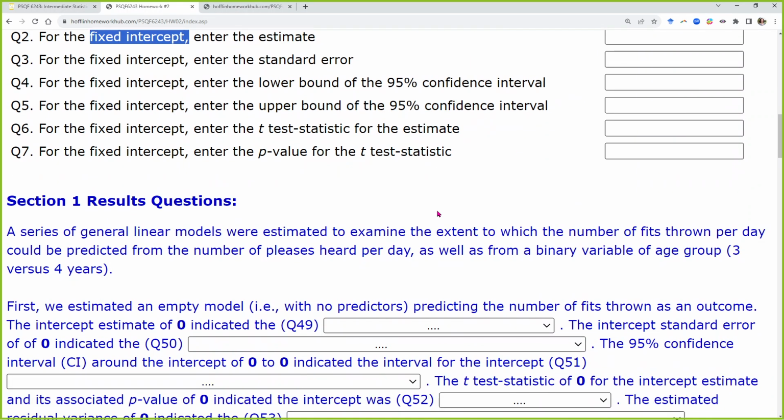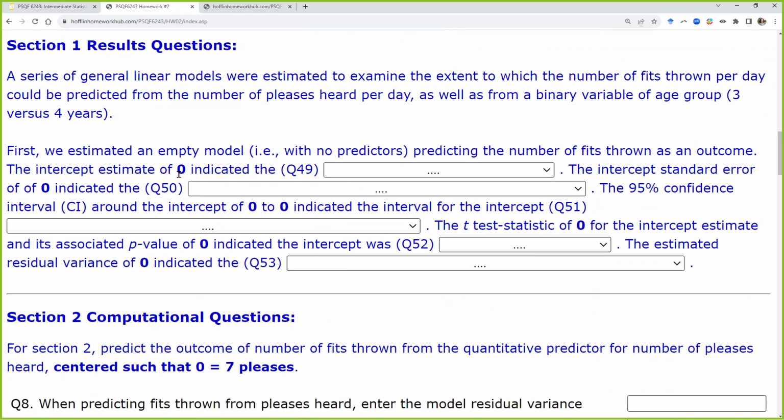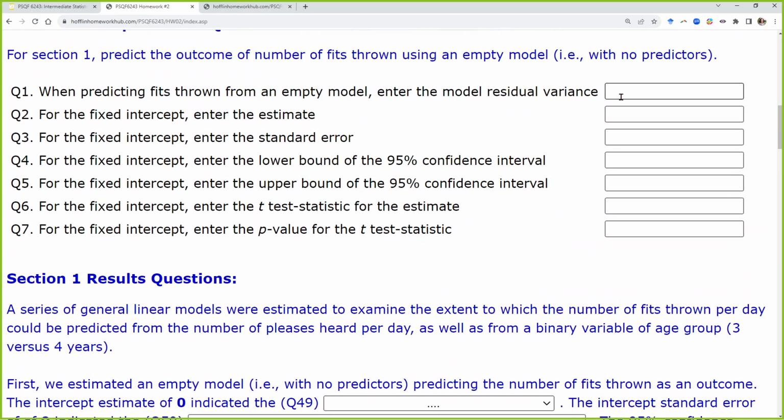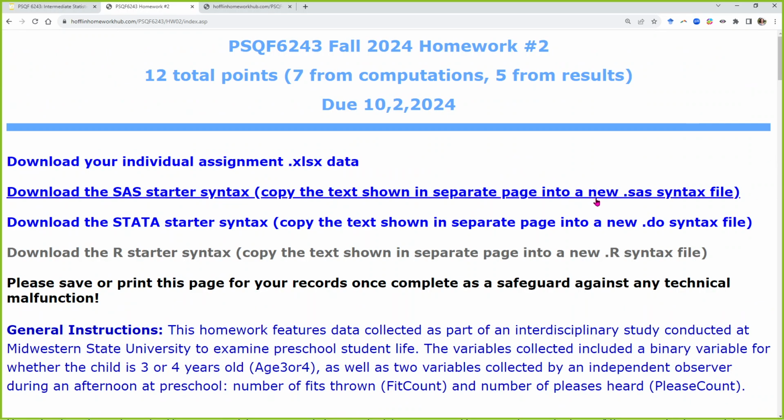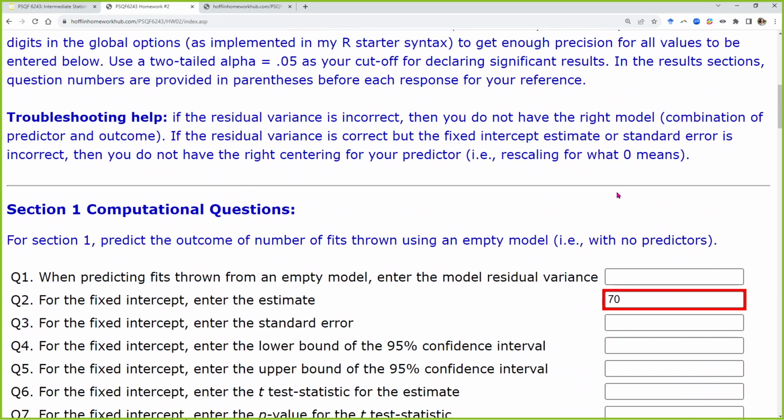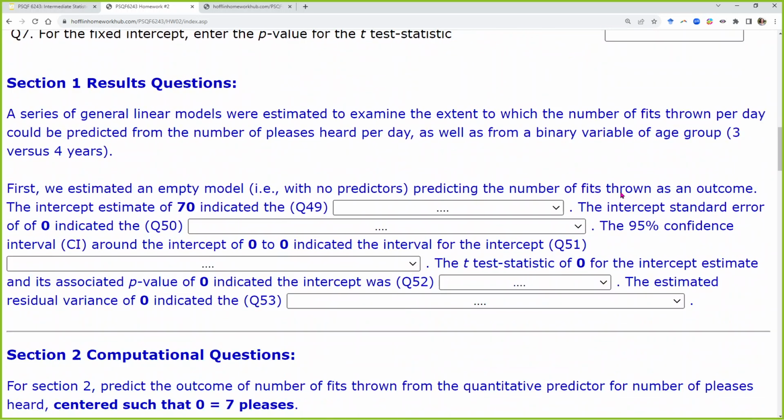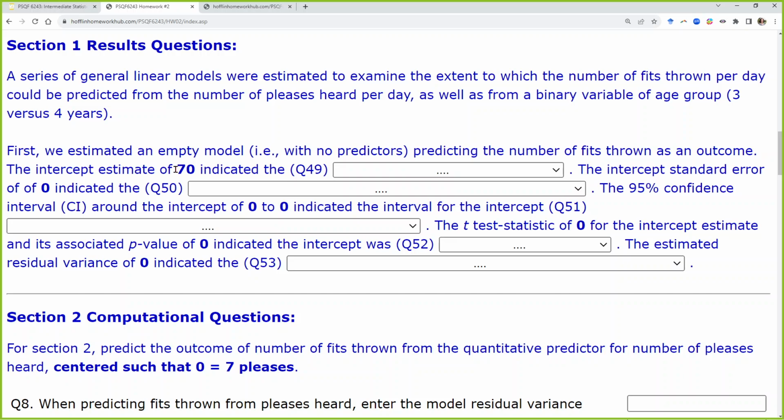Now also note that I have bold 0 values here that show up. These are tied to the current status of your row in the database. So for instance, if I get the fixed intercept in here, I'll put a 70 in. I know that's not going to be right. I hit enter. So now the reference to the intercept down here is 70 because that's what I entered.